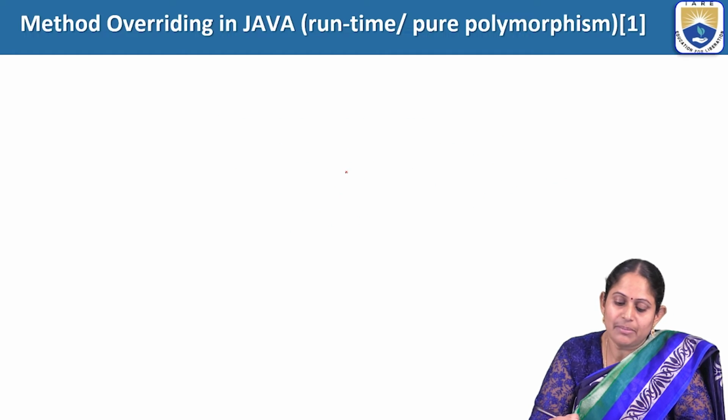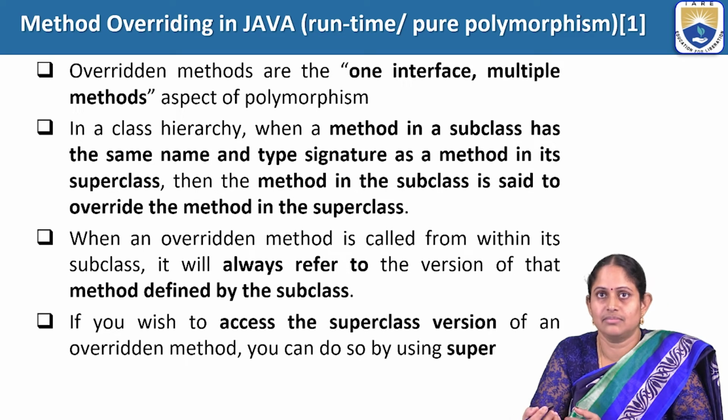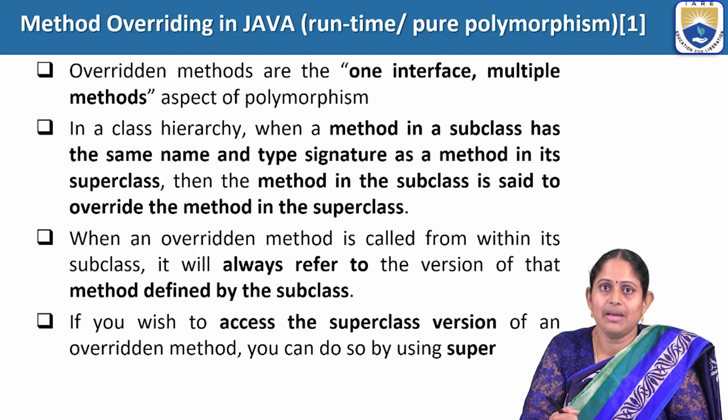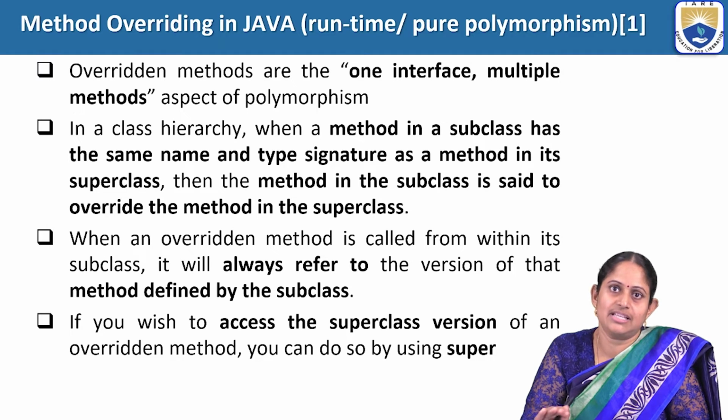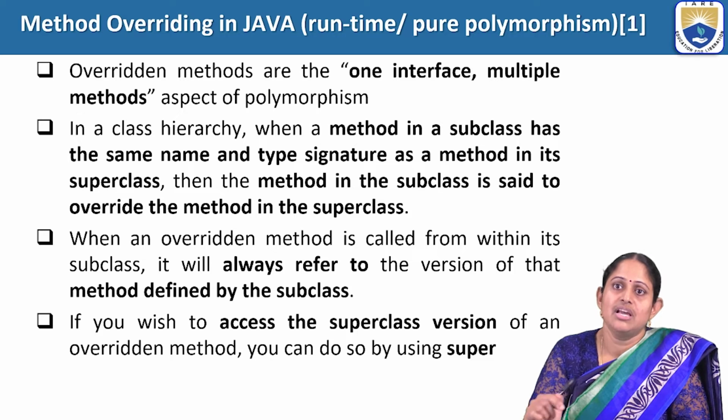Now, overloading happens when the methods have the same name but different signatures. That means the parameters passed to them will be different in the case of overloading. But in overriding, when it comes to pure polymorphism, the method names as well as the signatures will be the same.